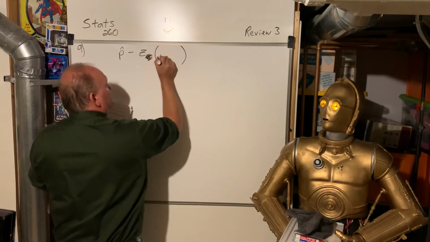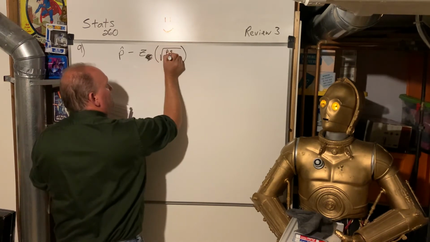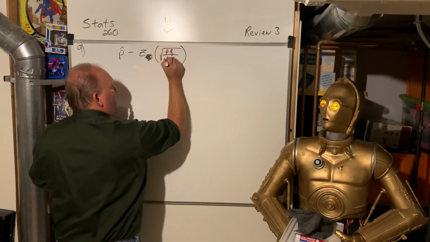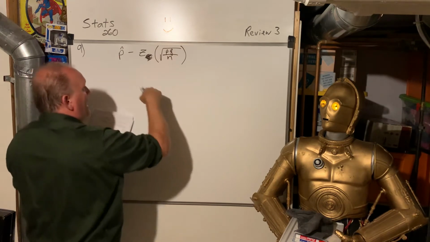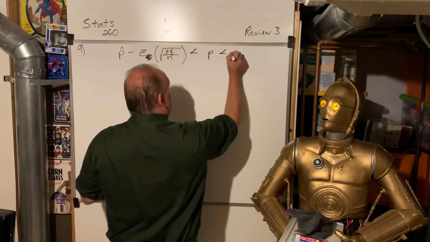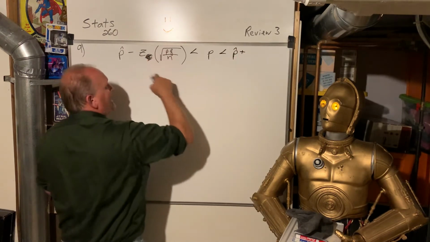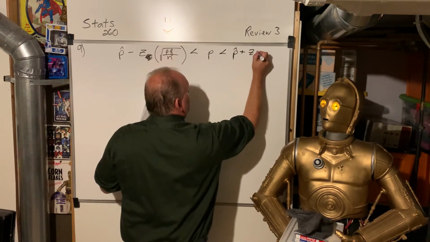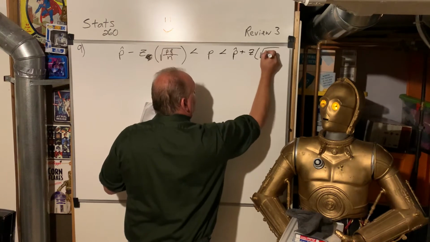Times the square root of p hat q hat divided by n. So we've got that. And then less than p hat plus this exact same thing, z times the square root of p hat q hat divided by n.